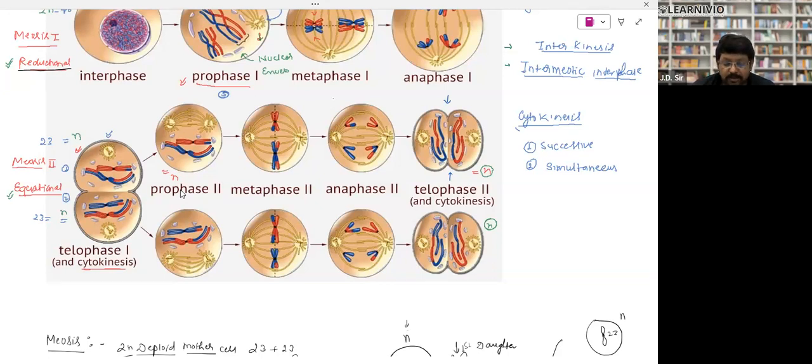Nucleus and nuclear envelope degenerate. Full stop. Then metaphase second.